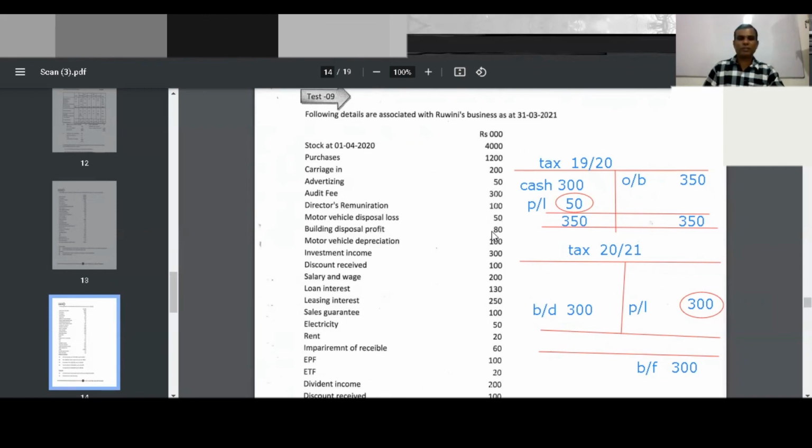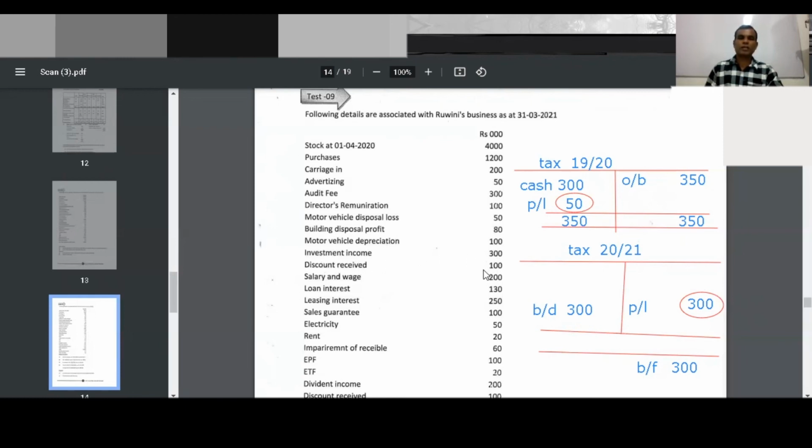Building disposal profit, other income category, working number 2. Motor vehicle depreciation, distribution expense, profit before tax item. Investment income, working number 2, other income.